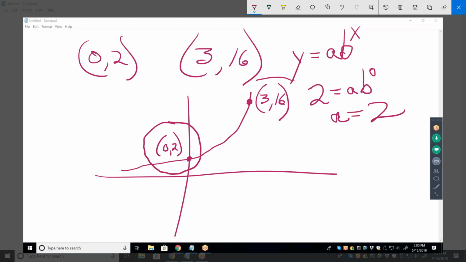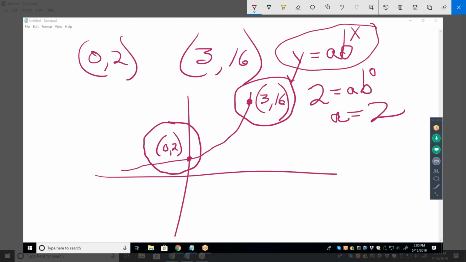Let's go to this second point. Can't use the same point. Got to use another point. This is going to let me solve for b. So what should I write using this second point? Start with y. In other words, we're always starting there.